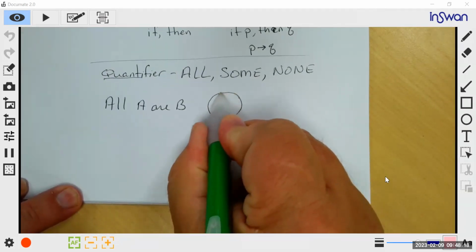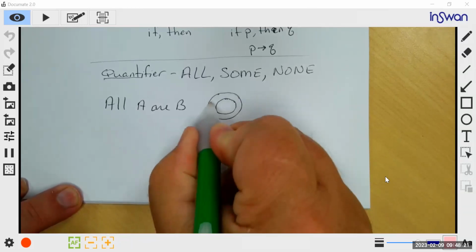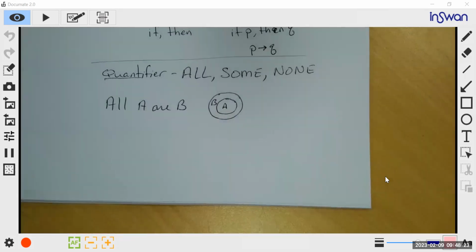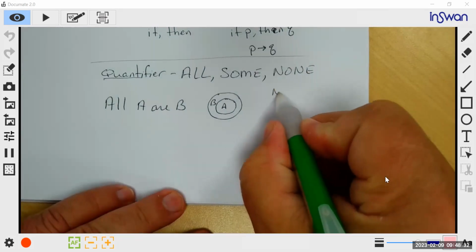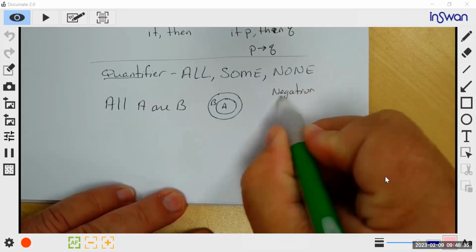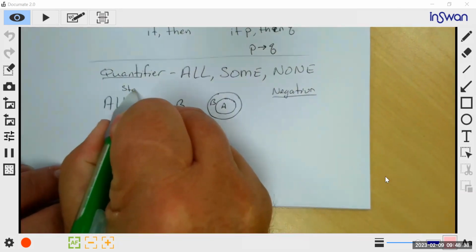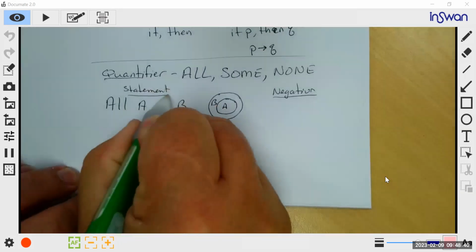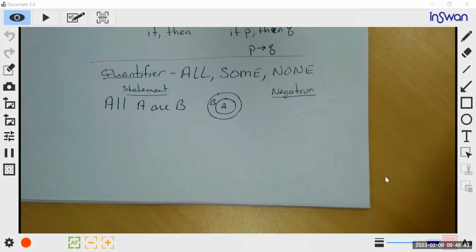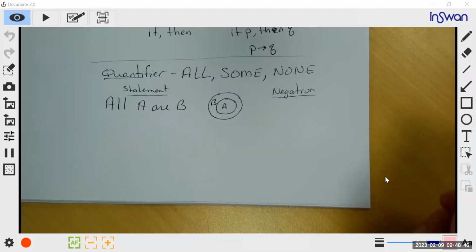Graphically, it looks like this. All A are B. What's the negation of it? Here's the statement. What's the negation of it? All A are not.